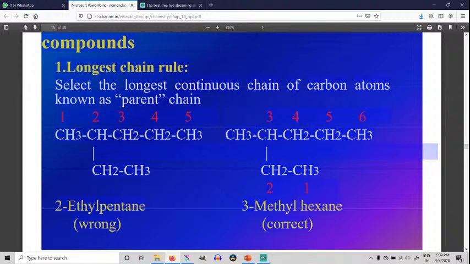This will be the longest chain, so this one will be the parent chain. This one is the correct one. On the third carbon atom you can see a methyl group is present, so it can be used as a prefix. So 3-methylhexane. First of all we need to count.